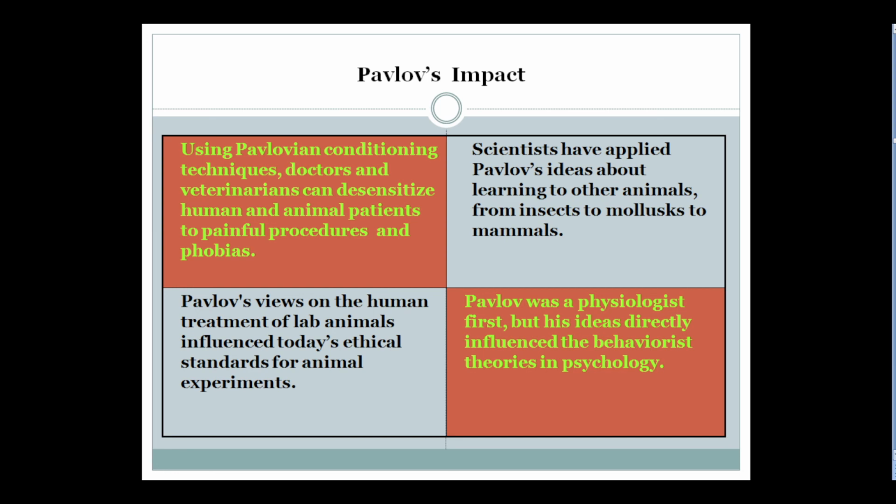And even though he did lots of experiments on dogs, he was following ethical standards. Actually, he was one of the first who introduced these ethical principles for animal experiments. And even though Pavlov was a physiologist first, his ideas directly influenced the behavior theories in psychology.